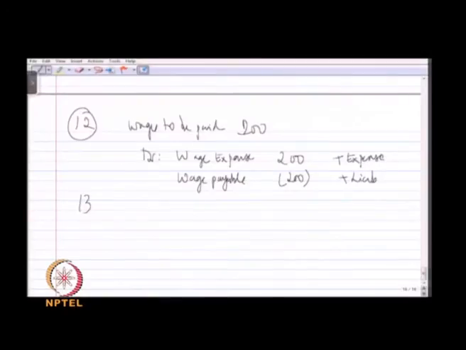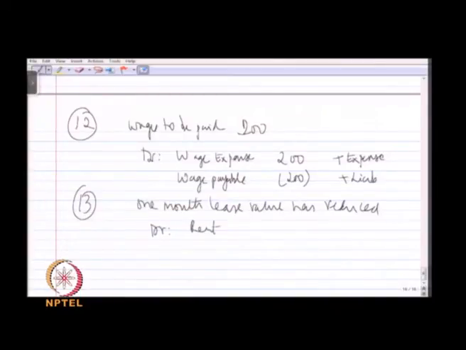Now, let us say after this 1 month the lease, the building that we rented. So, 1 month lease value has reduced. So, what will we do at the end of the month?